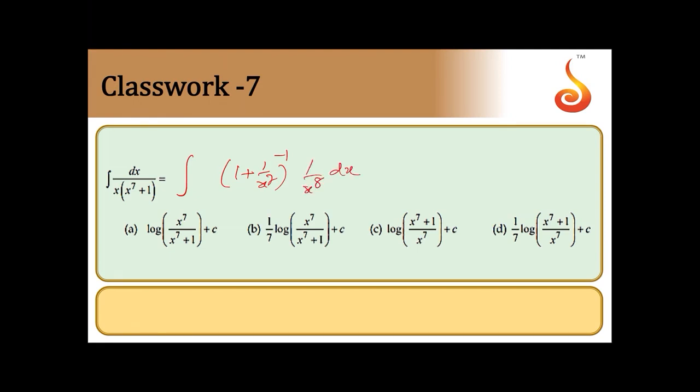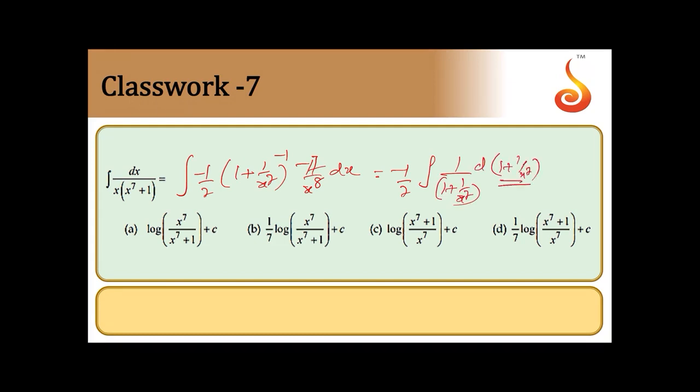The derivative of 1 by x power 7 is minus 7. Minus 7 divided by minus 1 by 7. So, minus 1 by 7 times the integral 1 divided by 1 plus 1 by x power 7 into the differential of 1 plus 1 by x power 7.